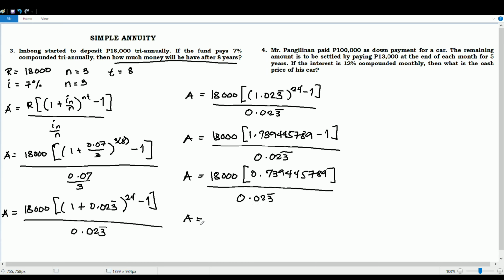Multiplying the numerator, we have 13,310.0242 to be divided by 0.023, and 3 is a repeating non-terminating number of the decimal number. So to continue, the quotient is equal to 570,429 and 61 hundredths. So this is the annuity of Imbong after 8 years.